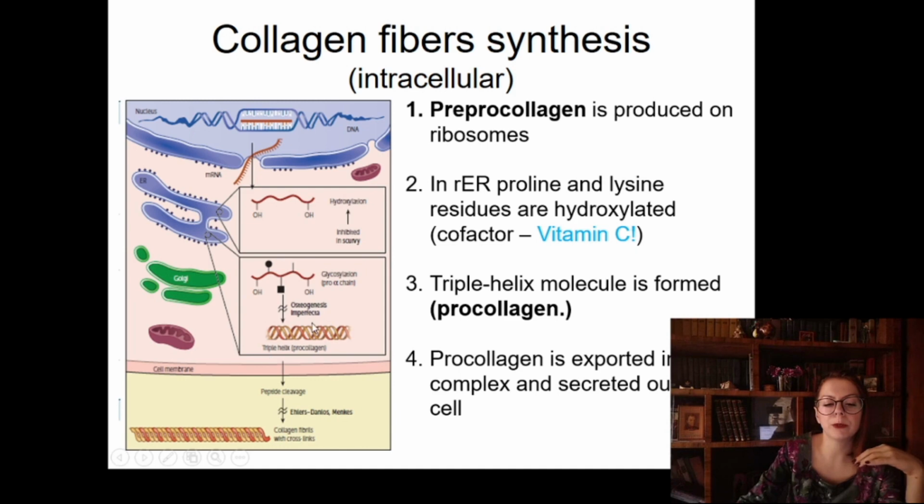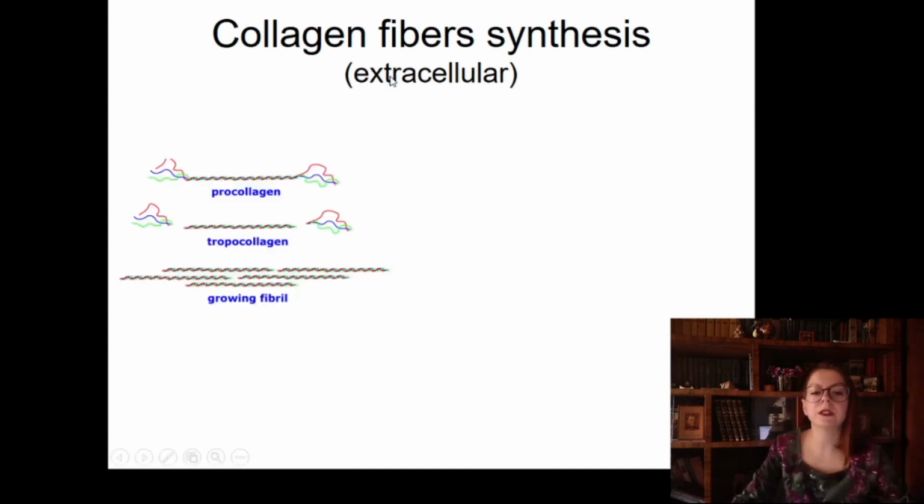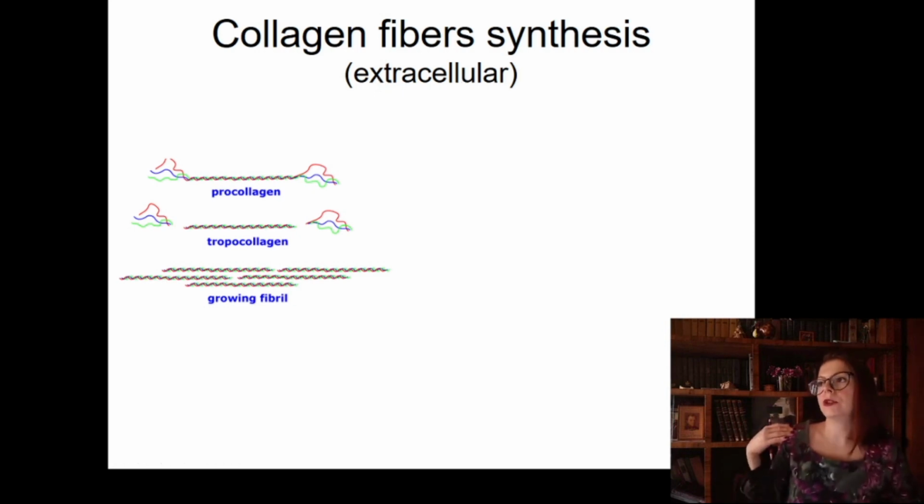So those triple helices are exported out of the cell, and the next step is extracellular. So after that, collagen continues to be produced. Yes, the assembly of collagen fibrils takes place outside the cell.